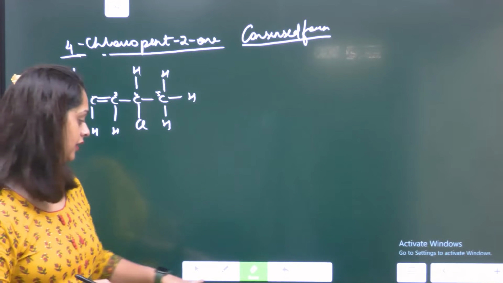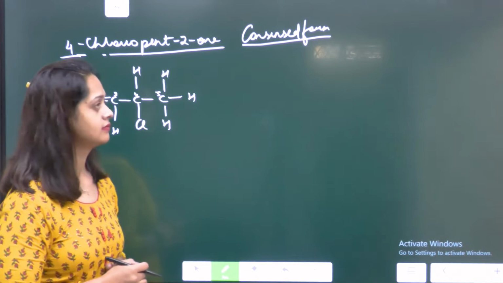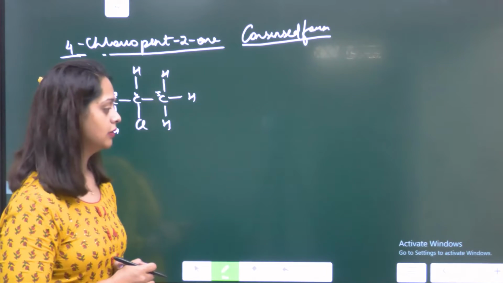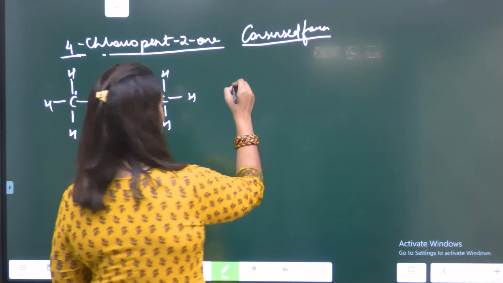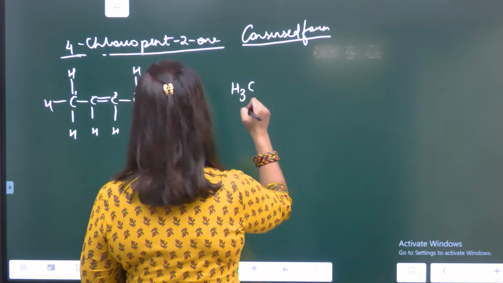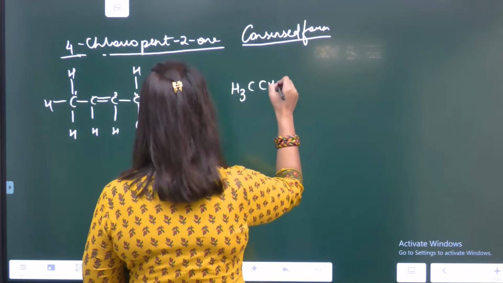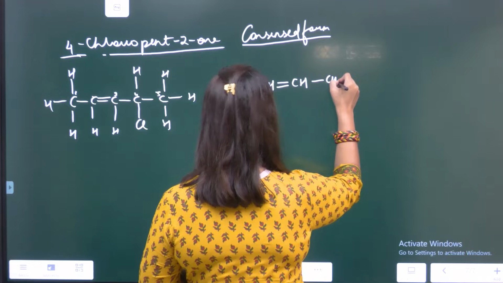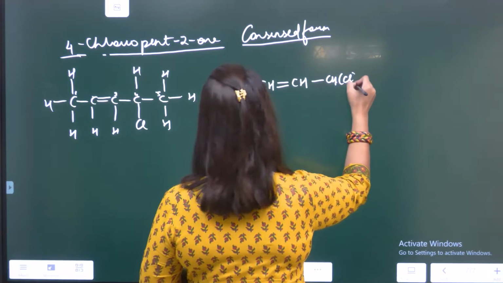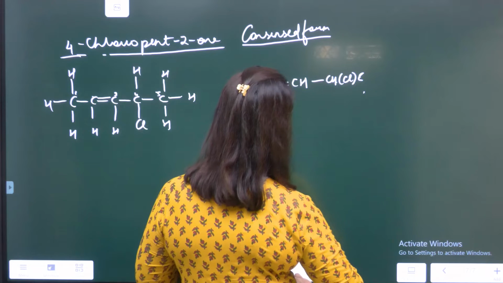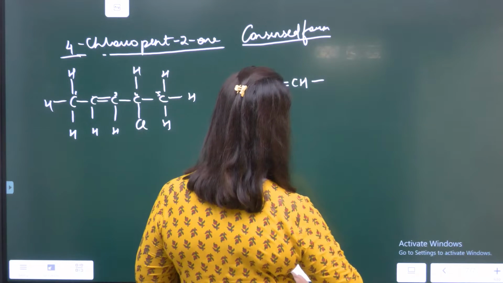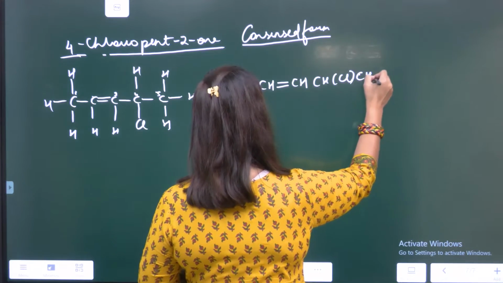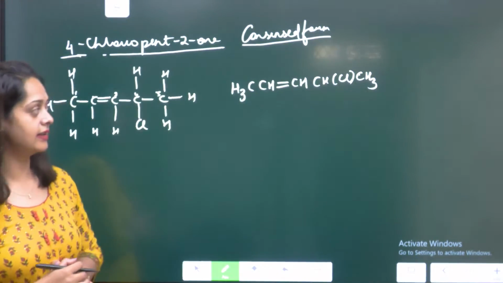Yes, ma'am, double bond will be used. So that means CH3, CH, double bond CH, then your CH, Cl, and then CH, Cl, and then CH3. This will be the case in the condensed form.